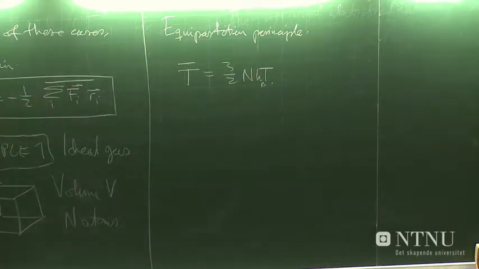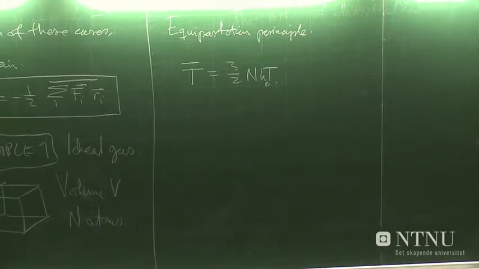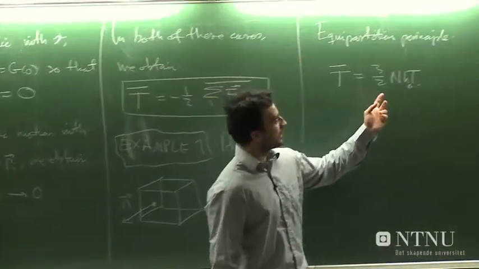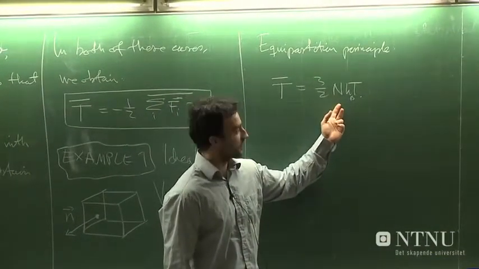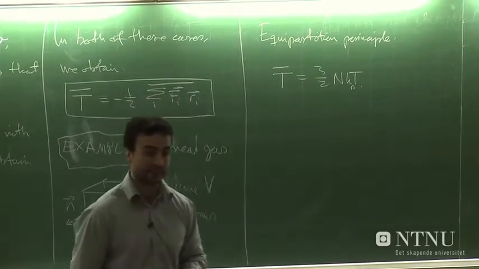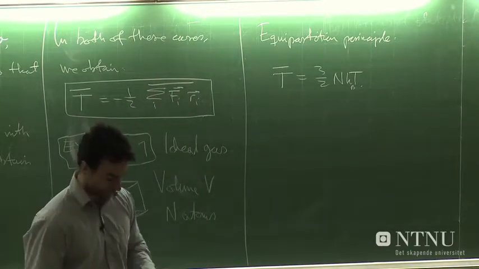The equipartition principle states that the average kinetic energy for the system has to be 3/2 times the number of atoms multiplied with kB T, where kB is Boltzmann's constant and T is temperature.